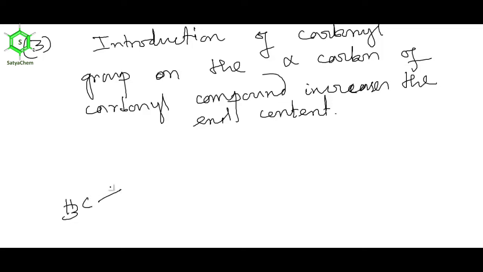This is acetone or propanone. Now which carbon is the alpha carbon? Obviously this is the alpha carbon. Now I have told you that if you introduce a carbonyl group on the alpha carbon of a carbonyl compound, then the enol content increases.